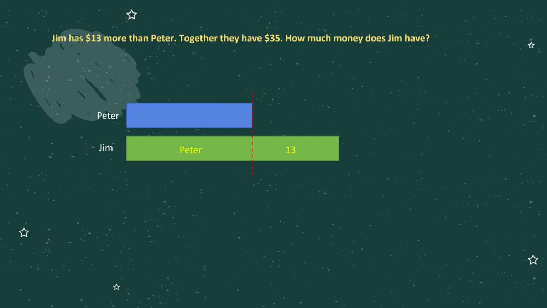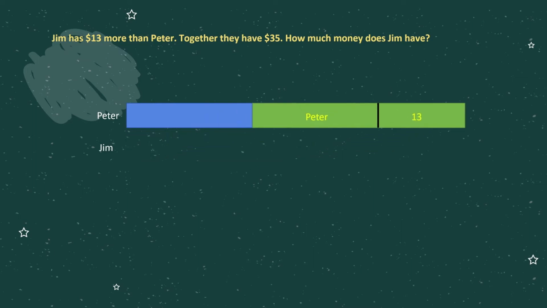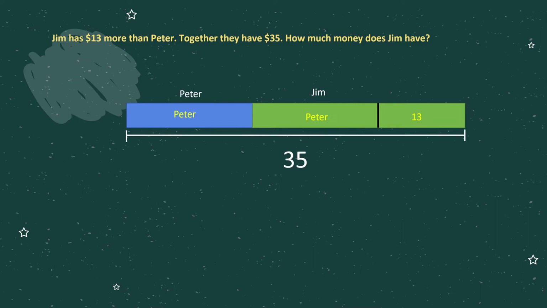Now, the question says that together they have $35. This means that if we put the two bars together like this, this part is Jim, and this part is Peter, and the total length of this combined long bar would be 35.